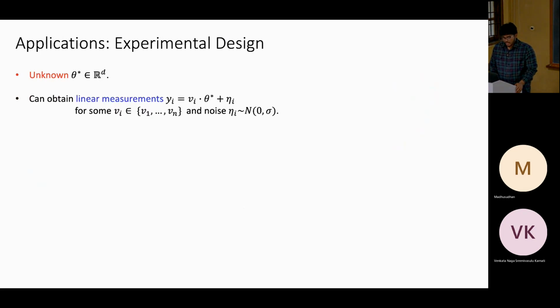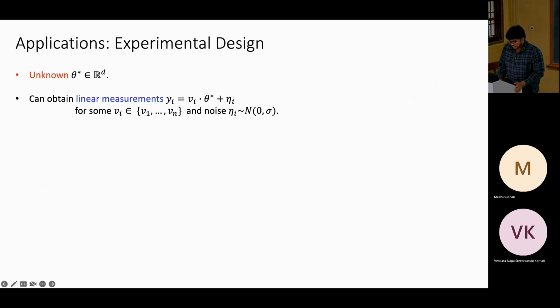So what's the first application? It's experimental design. Let's say you have an unknown theta, which you want to find out. It's d-dimensional. Before just trying to find theta, you're trying to design an experiment that will let you know what theta is. So what do I mean by that?